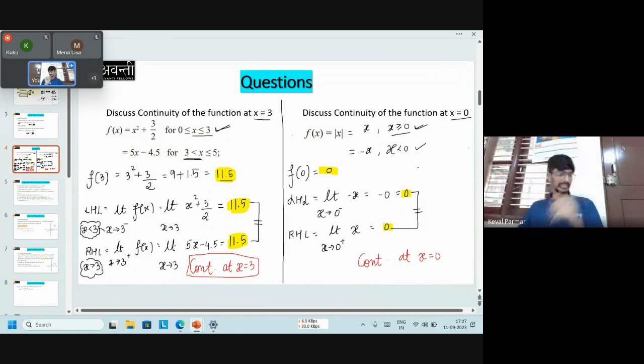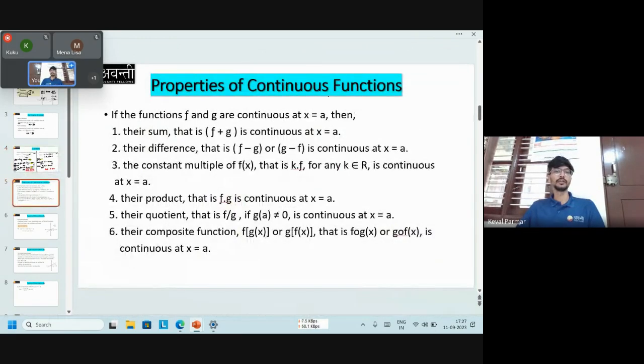Now, after this, let's talk about the properties of continuous functions.